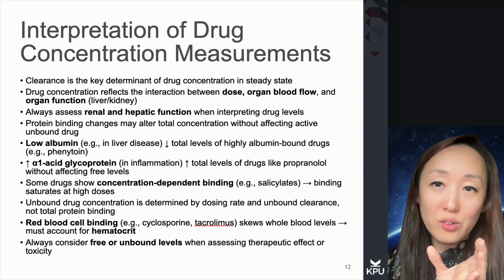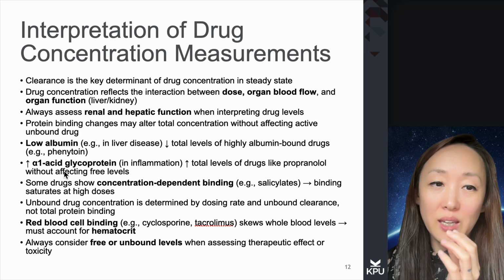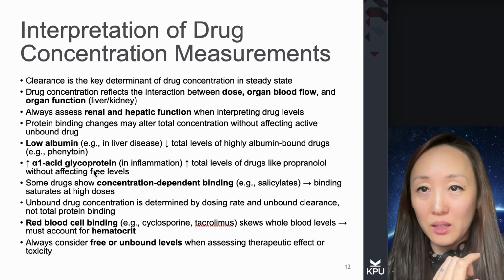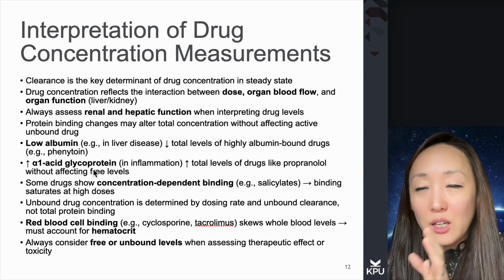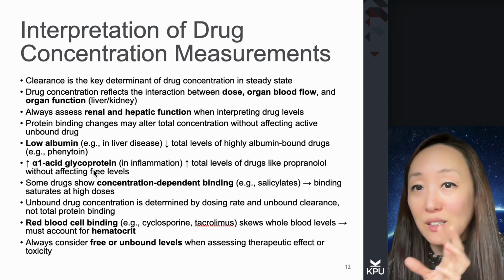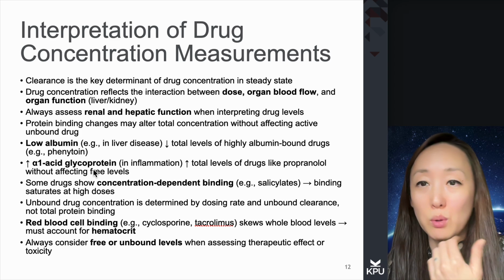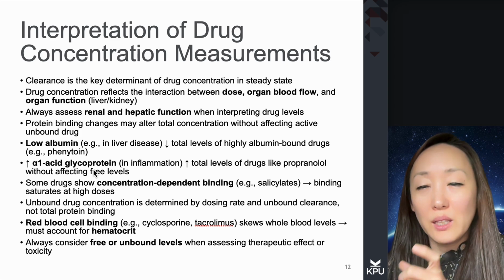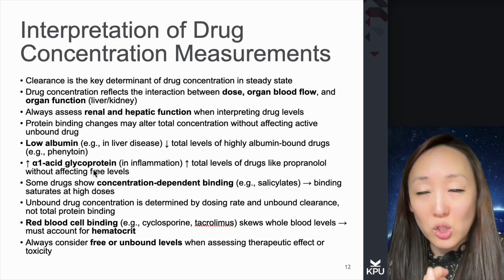In contrast, alpha-1 acid glycoprotein increases during inflammation, raising the total level of drugs like propranolol or quinidine, even though their pharmacodynamic effect may be unchanged.